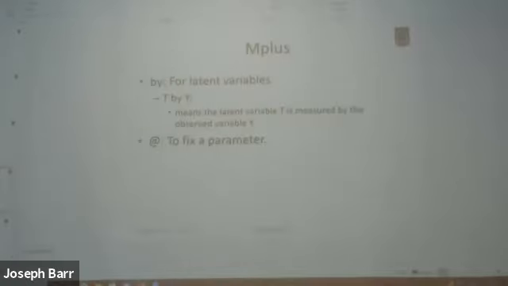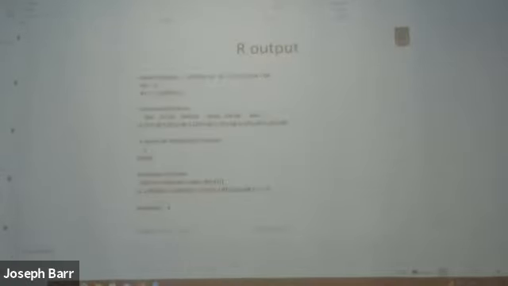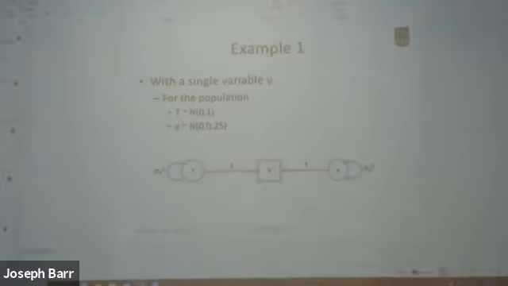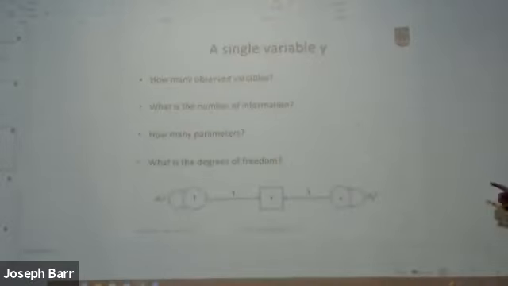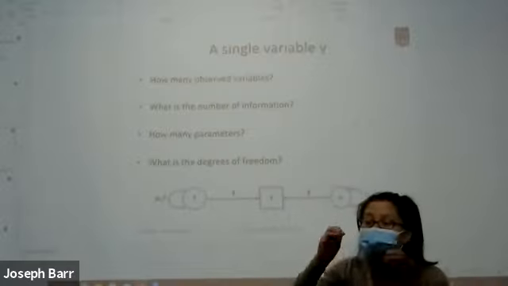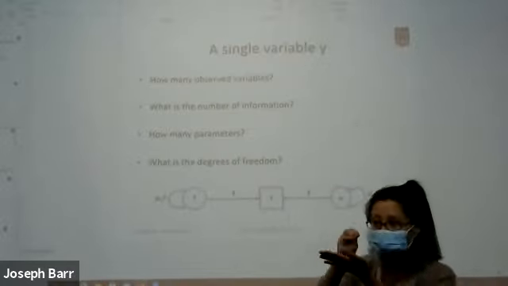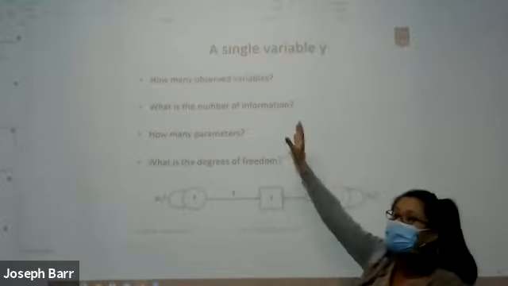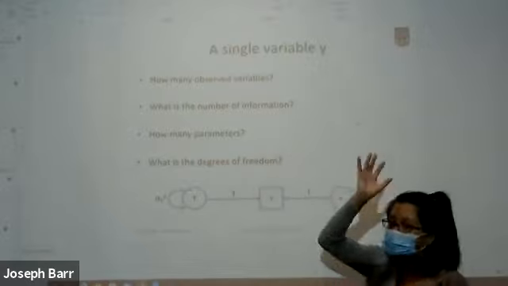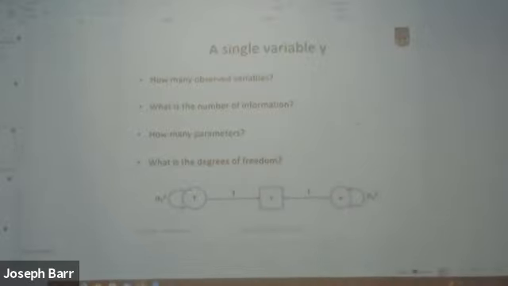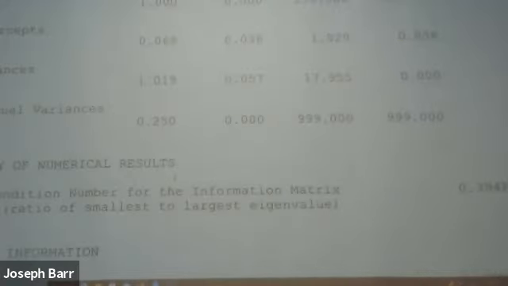When we talk about these slides, the number of information means the variance and covariance components. The mean part is not included. We have another formula for the mean part. So I think that's all for Mplus.